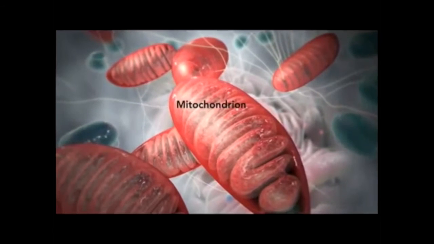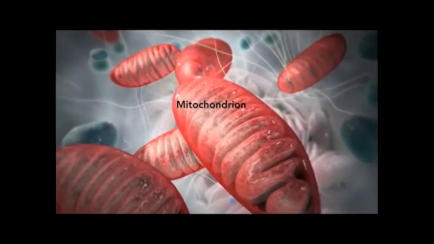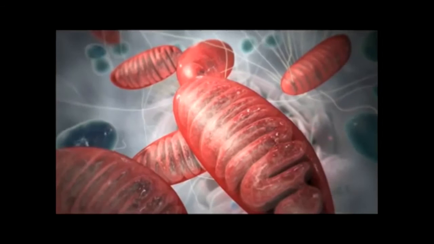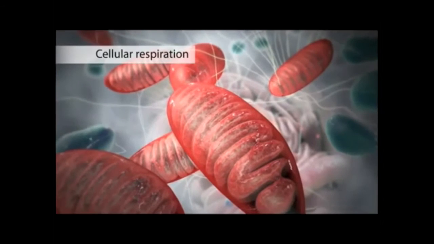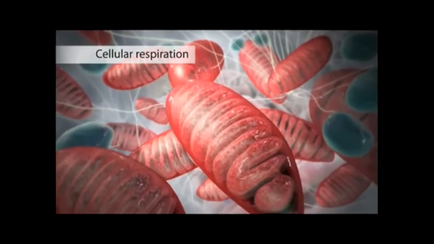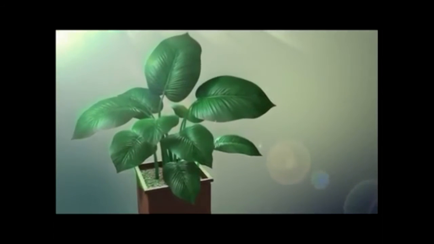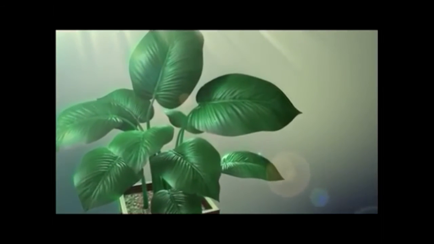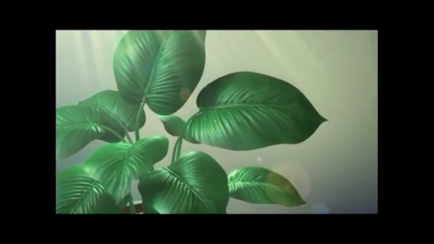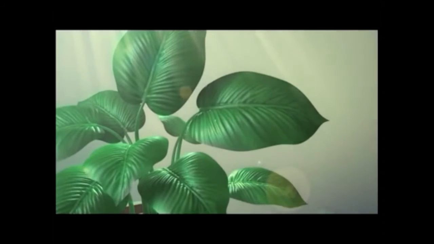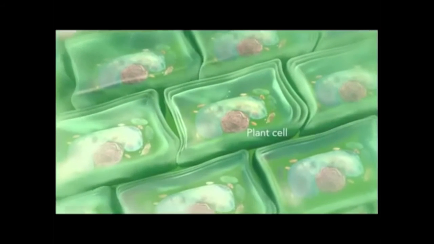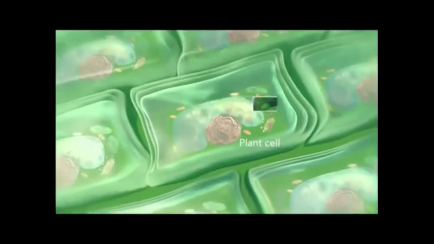The mitochondrion is an organelle that is the powerhouse for both animal and plant cells. Cells that need more energy have more mitochondria. Some organisms, such as plants, that are photoautotrophic, meaning they capture sunlight for energy, have cells with an organelle called a chloroplast.